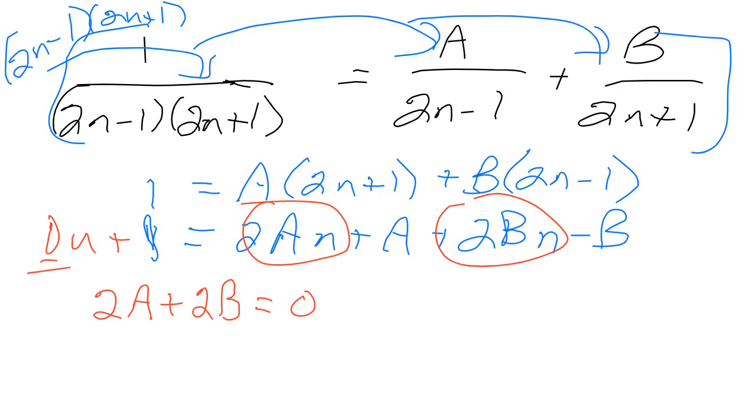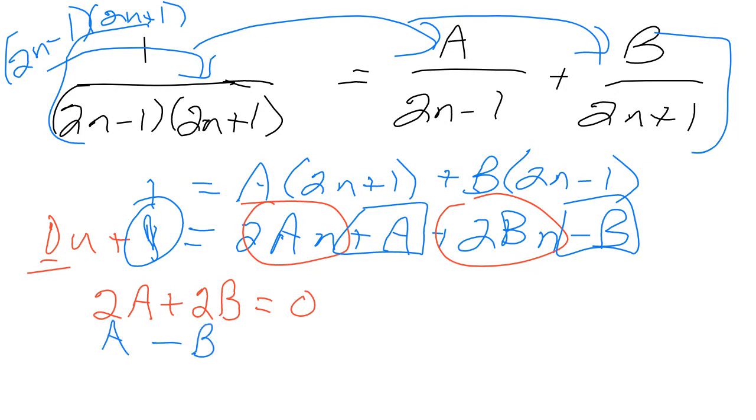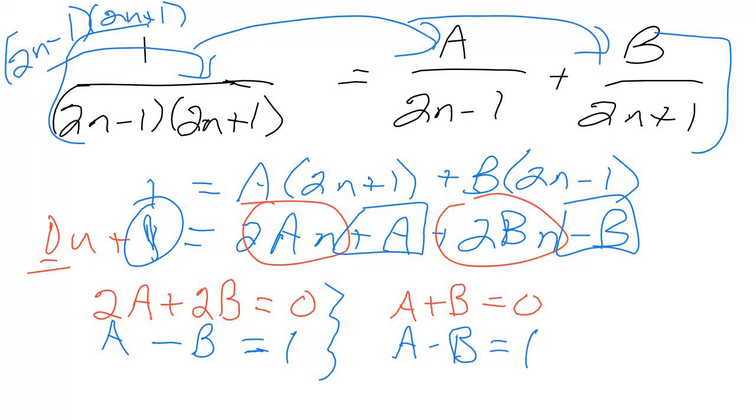And from the constant terms, a and b are constants, so we have a minus b equals 1. Now we have two equations, two unknowns. The top one I can divide by 2, and I end up with a plus b equals 0, which is equivalent. And on the bottom, a minus b equals 1.